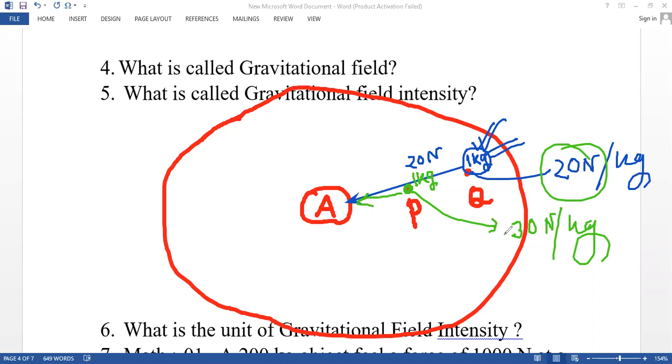So, what will be the definition of gravitational field intensity? It is the force felt by unit mass.